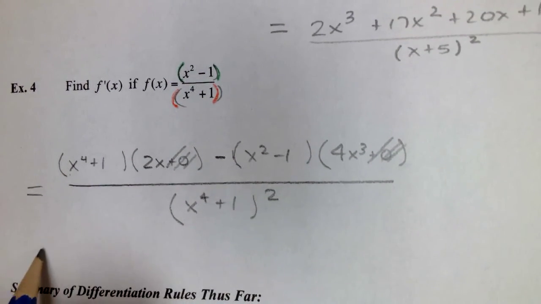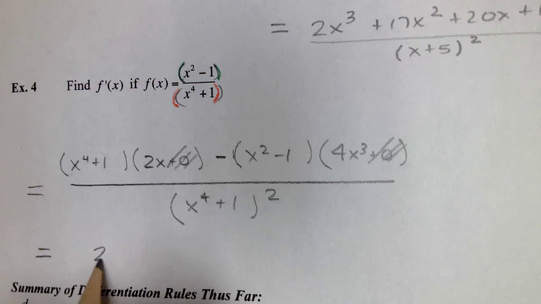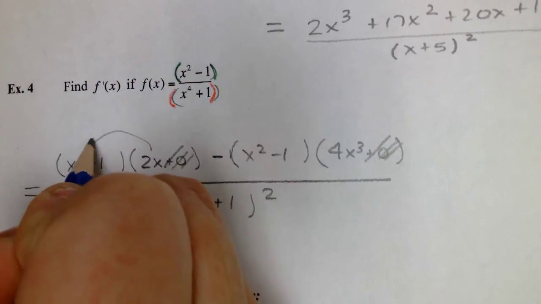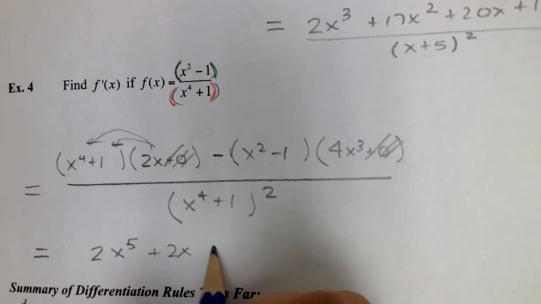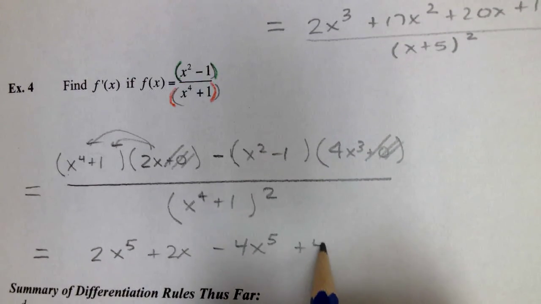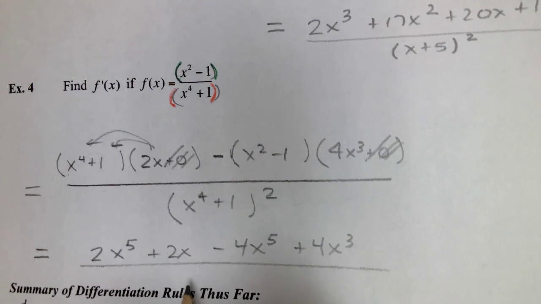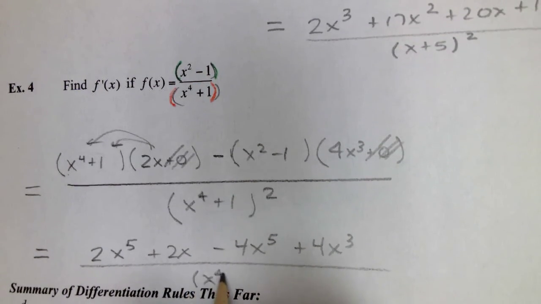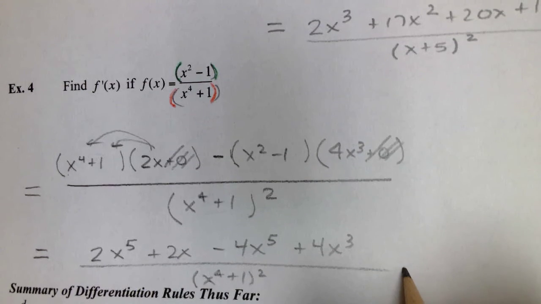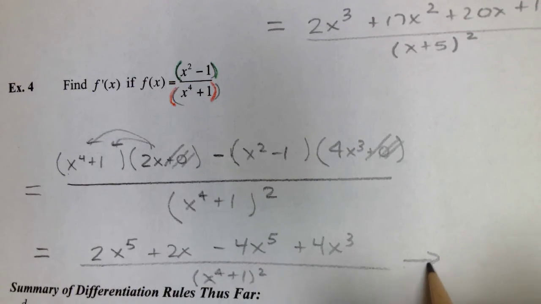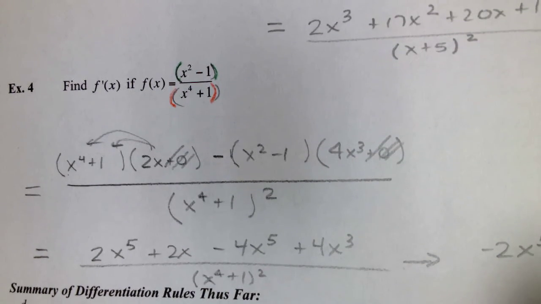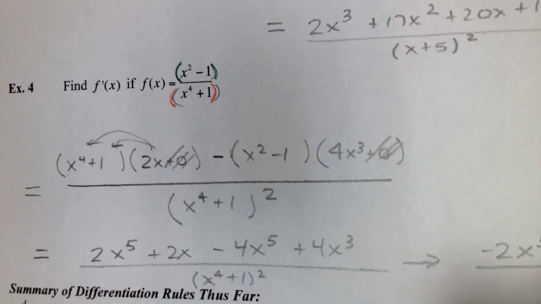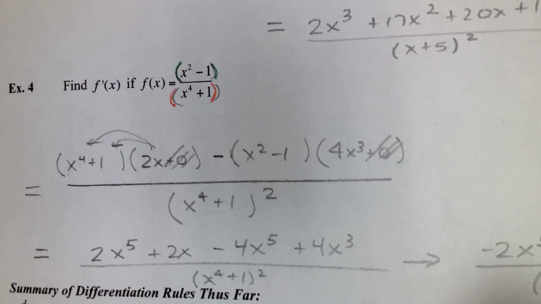If I simplify this up top, I'm going to get 2x to the 5th, so this is just distributing here and here, plus 2x minus 4x to the 5th plus 4x to the 3rd, all of which is over x to the 4th plus 1 squared. Negative 2x to the 5th plus 4x to the 3rd plus 2x, all of which is over x to the 4th plus 1 squared.